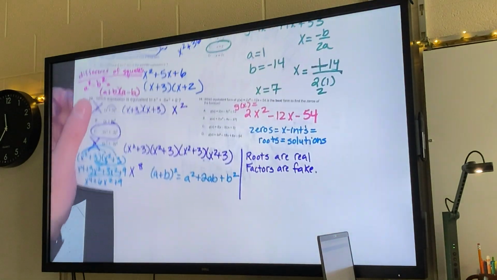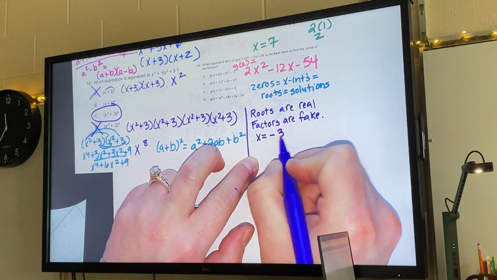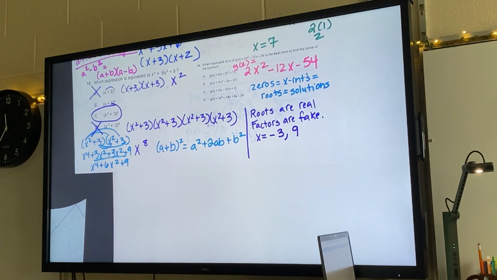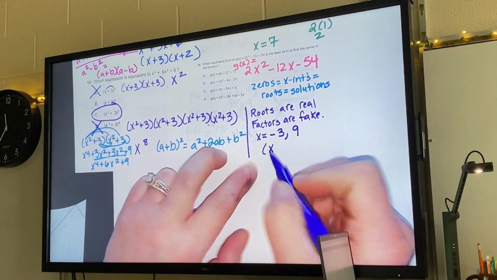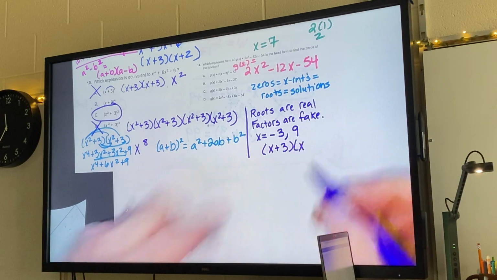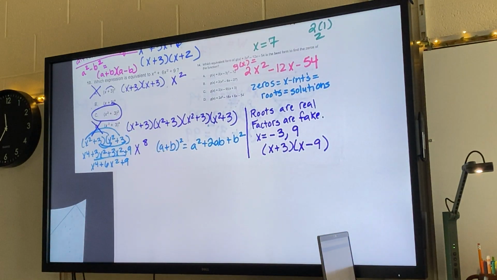Okay. So if my roots are at negative 3 and positive 9, my factors are going to be the opposite of negative 3 and the opposite of positive 9. So it'll be x plus 3 and x minus 9. So what's the answer got to be?